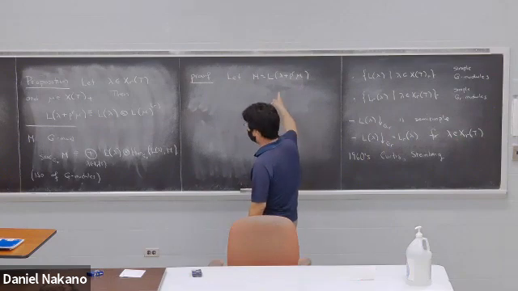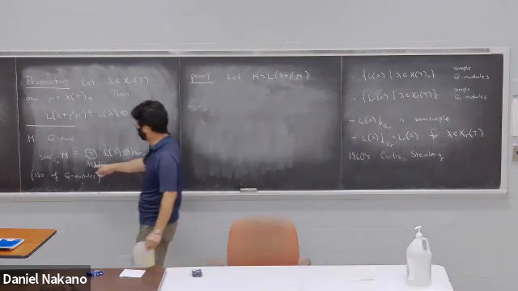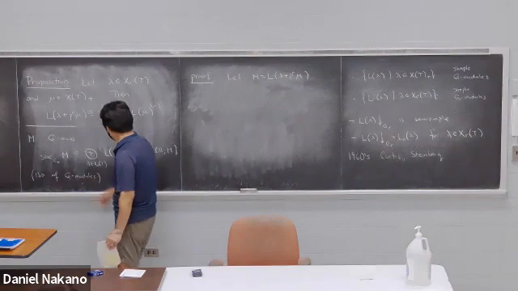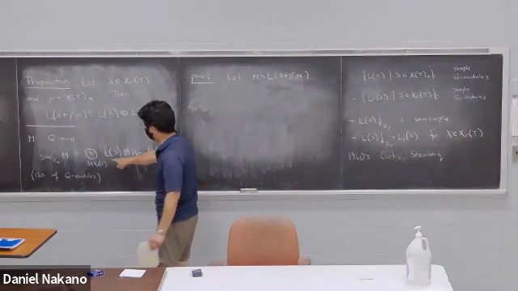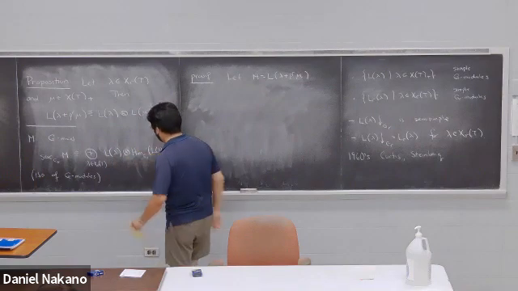Now, this is simple. So the socle over here, what's going to happen? The only summand, there's only going to be one summand which is non-zero.